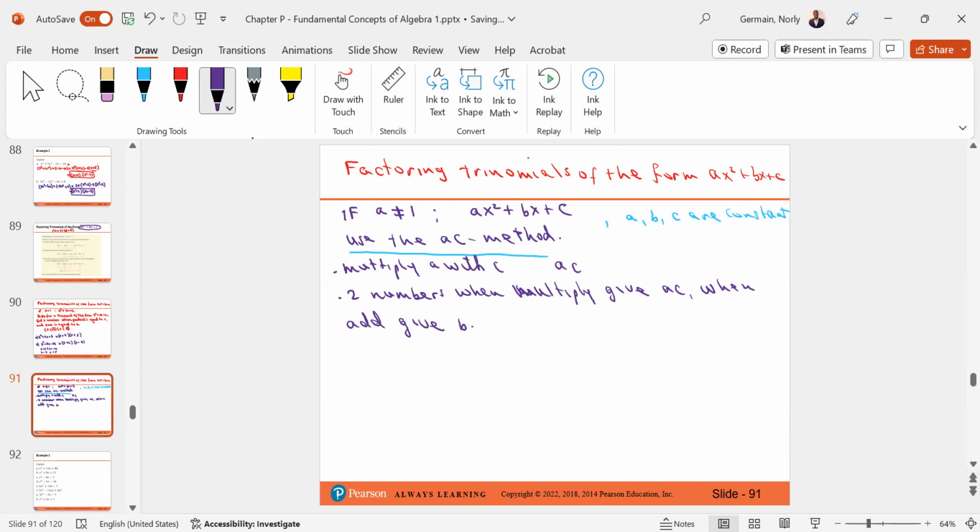Now rewrite b as a sum using these two numbers, to make the trinomial a four-term polynomial.